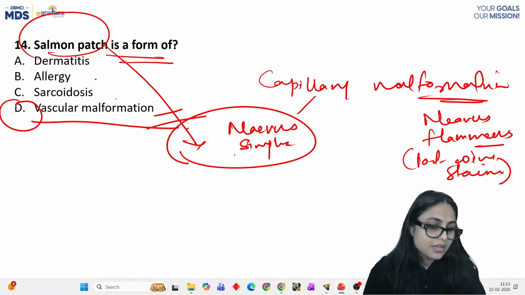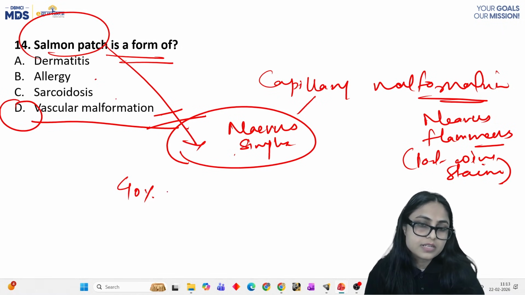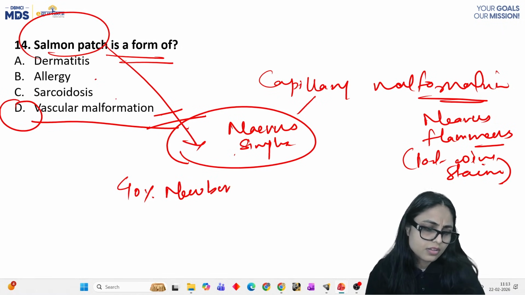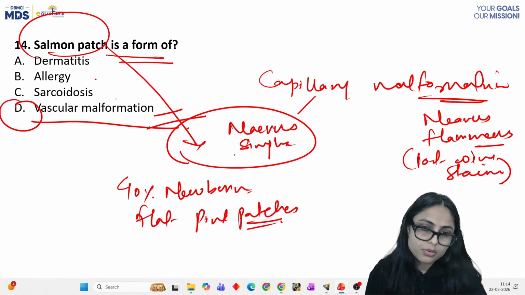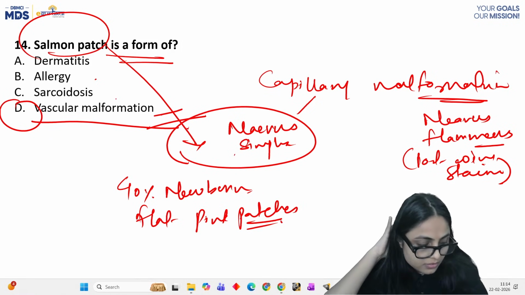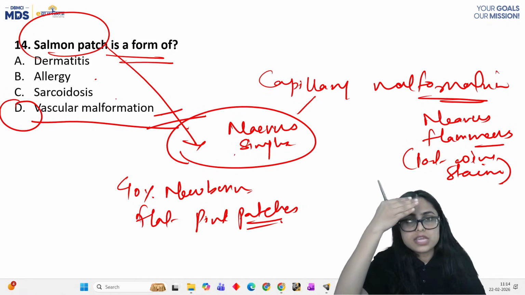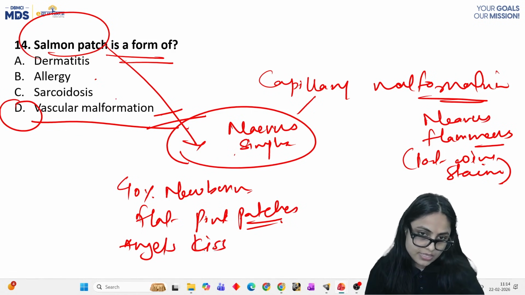You will see it in 40% of newborns; it is very common. You will see flat pink patches, either on the forehead or on the nape of the neck. If you see it on the forehead, it is called angel's kiss.